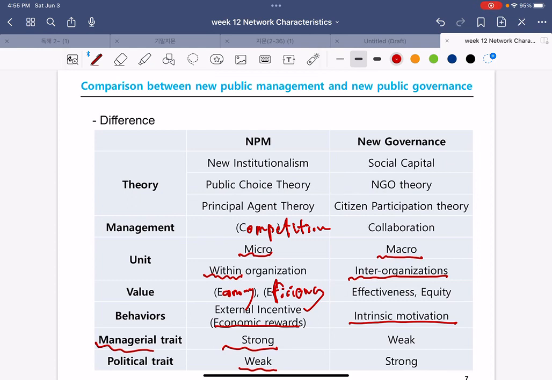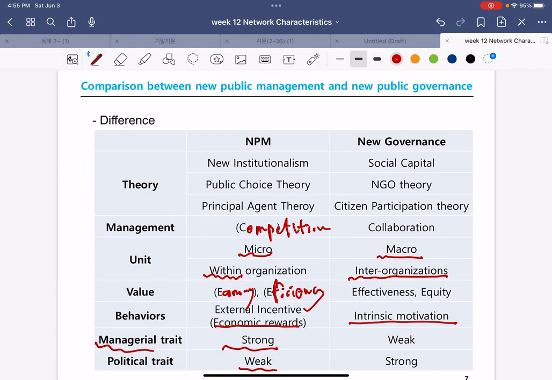NPM does not consider politics, but the new governance considers politics very important, because in the new governance a variety of actors participate in the governance, and political communication and political behaviors happen, because within the network structure a variety of groups and people exist.